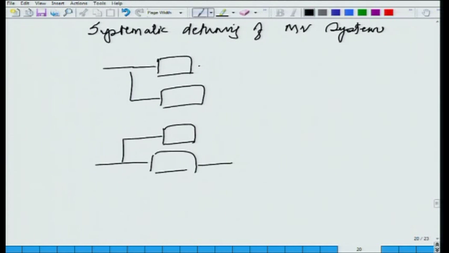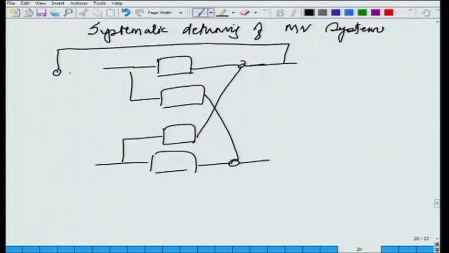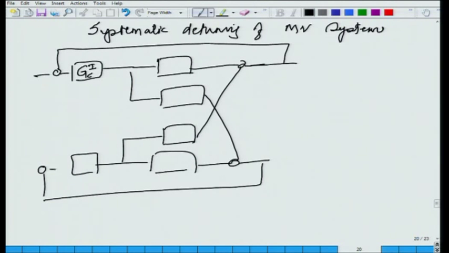So, if I have a multivariable system and I am trying to control this output using a controller, this is my decentralized GC1, and I am trying to control this one using another controller, this is GC2. Of course, the effects are 1 of 1, 2 of 1, 1 of 2, 2 of 2.